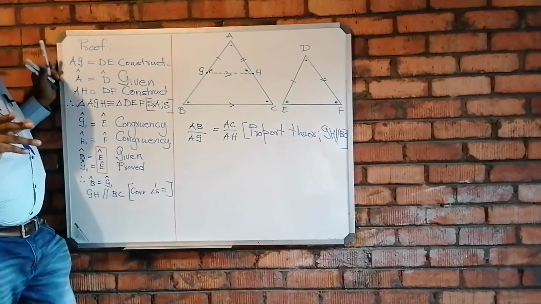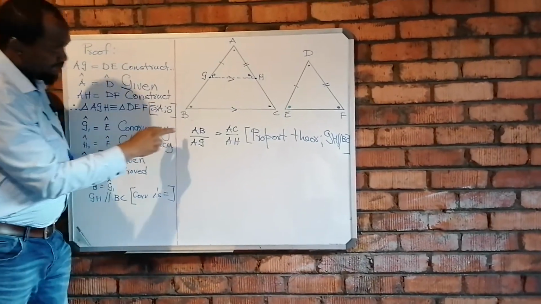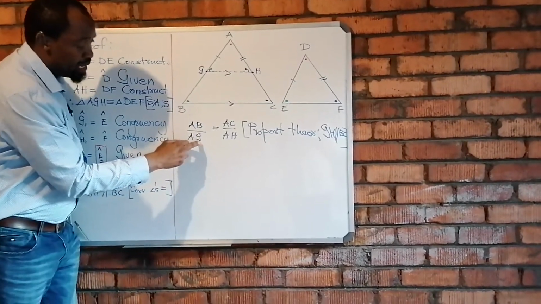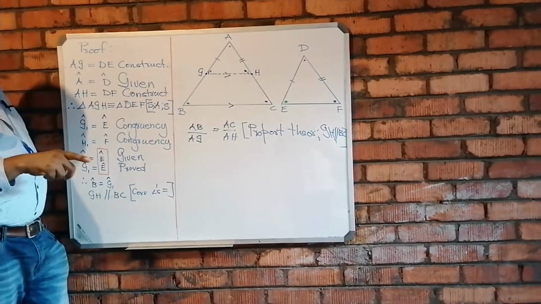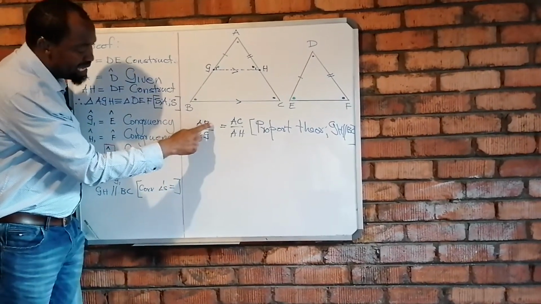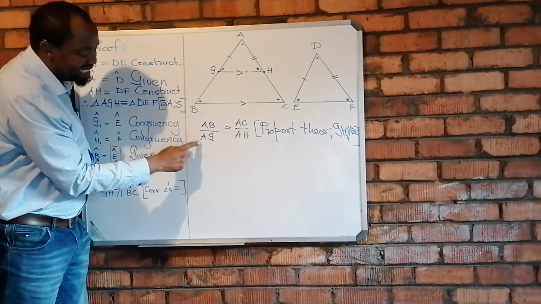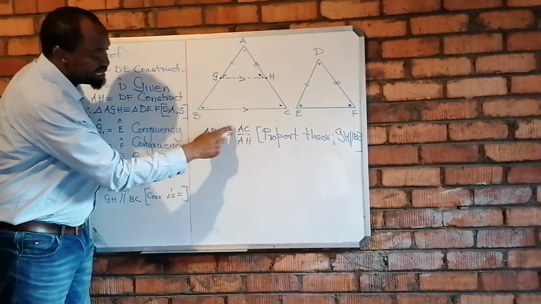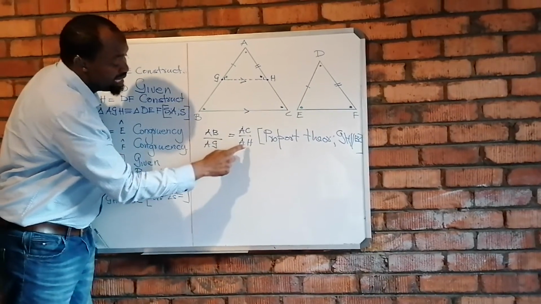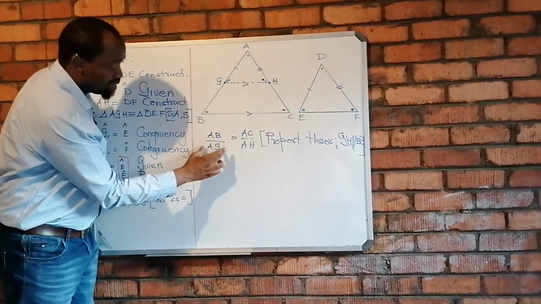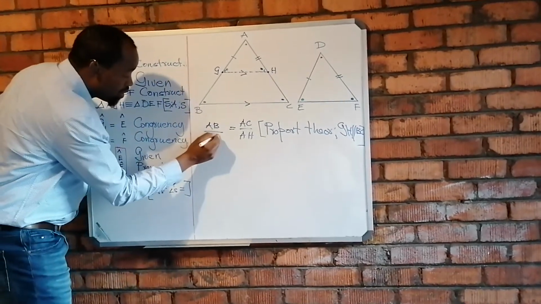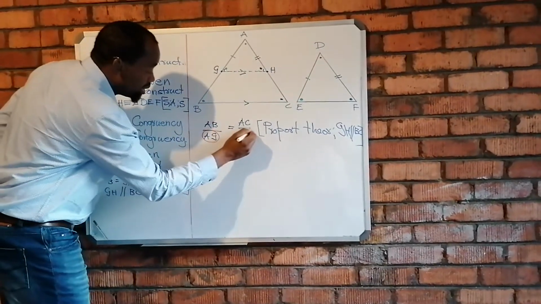But now, let's look at this, folks. AB is divided by AG, but according to the theorem, they want us to prove that AB divided by DE is AC divided by DF, not this and that. Now I'm going to circle what we don't want here.